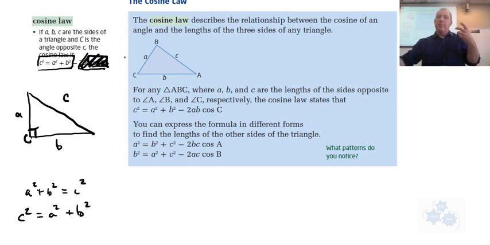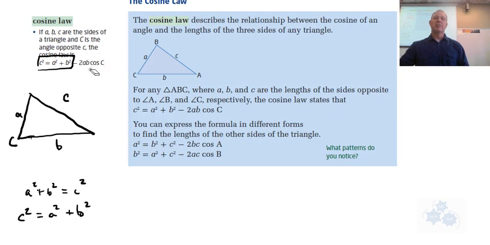Now that's neat, but if this was not a right triangle, and let's say that I'm going to just change this a little bit. So let's say it's not a right triangle. Then you can kind of see that if I'm trying to find out what this angle C is, and maybe what this side C is, it's really super close to the Pythagorean theorem. But because this is not exactly 90, I'm not subtracting exactly 0, am I?